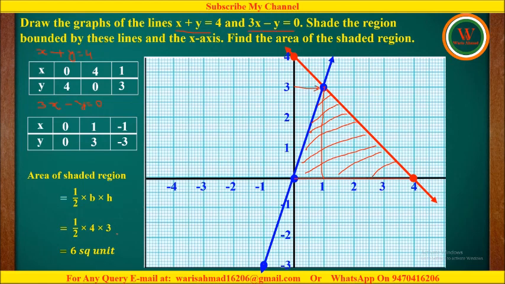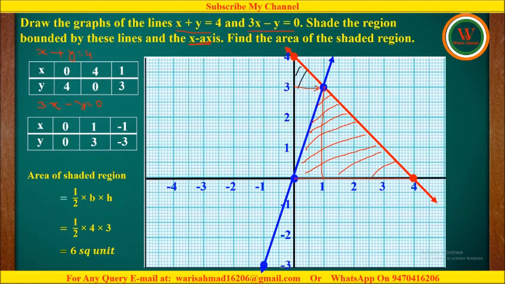Now let us consider another question. Instead of this question, suppose we are having the question: shade the region bounded by these lines and the y-axis instead of the x-axis. Suppose we are having the y axis, then this will be the area. Wait for a while, I will change the color of this pen, then you can understand it very well.